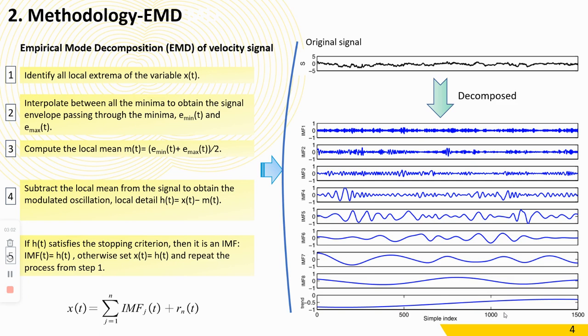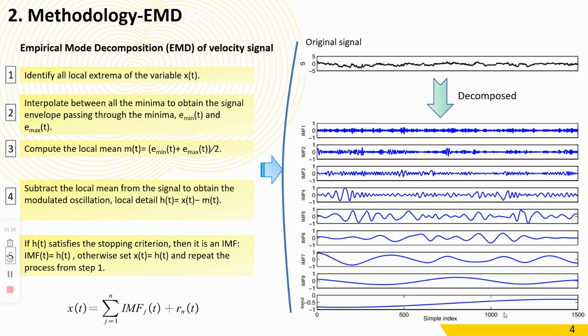These are the main steps of this method. First, identify the local extrema of the variable x(t) and interpolate between all the maxima and minima to obtain the signal envelope, and get the maximum and minimum envelope, and then calculate the local mean.